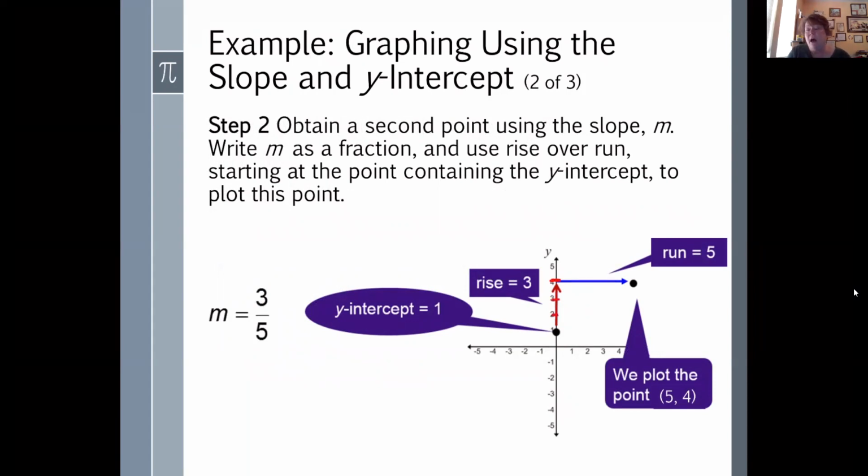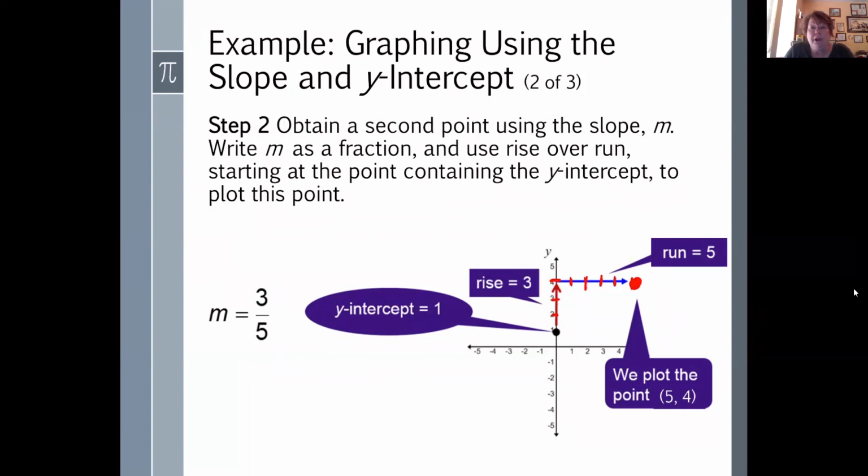And since the denominator of our slope is 5, the run is 5, so we're going to go to the right 5 units. 1, 2, 3, 4, 5. So the point we end up at, since we've gone up 3 and to the right 5 from (0, 1), we're going to plot the point (5, 4).